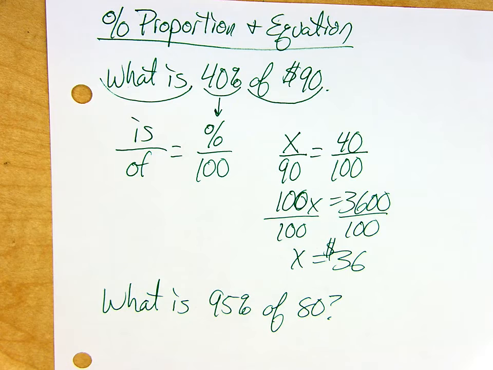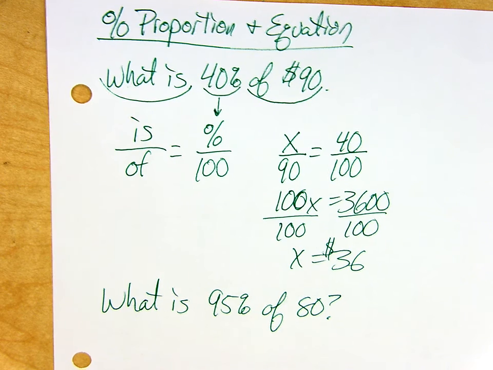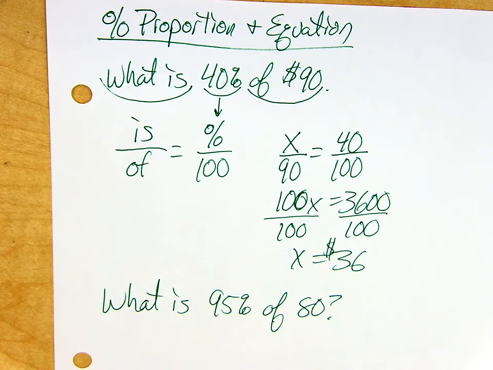Fill in those three numbers. Well, I shouldn't say that. Two of them will be numbers, one will be a variable. 100 always goes in that bottom right corner. And it does matter where they go. So if it's got a percent sign on it, that automatically goes in the percent spot. And then it's just the is and the of that you need to figure out.